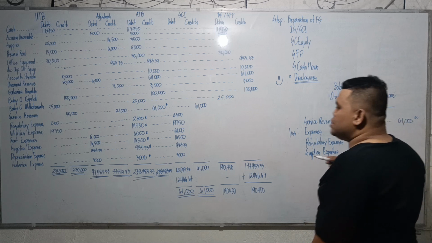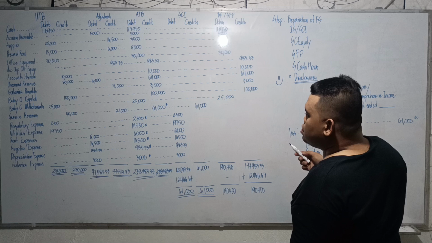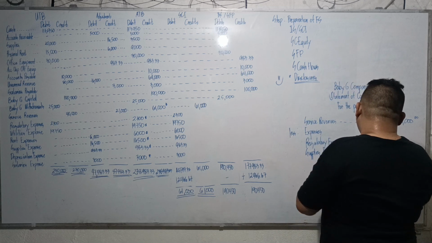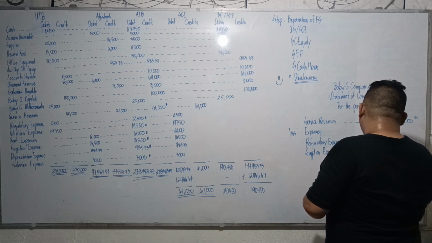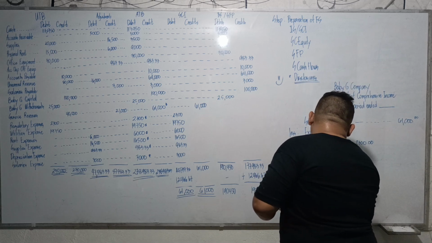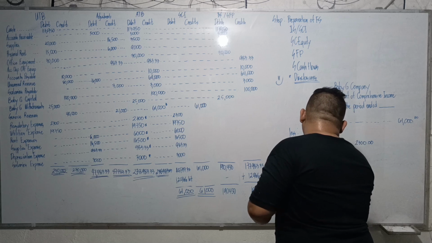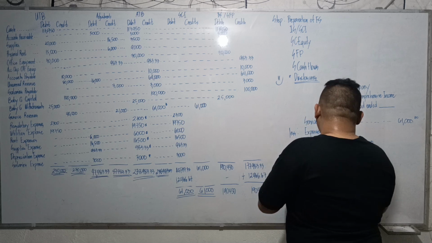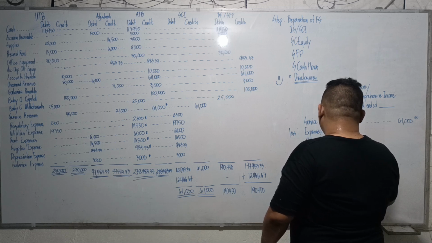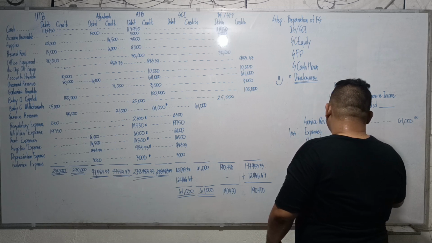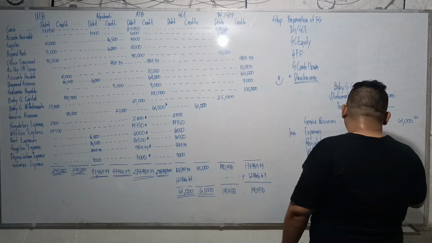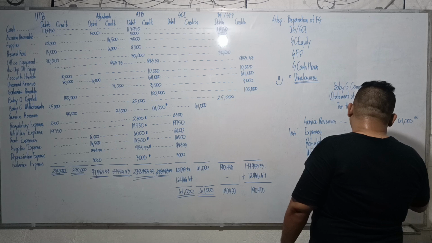I guess the regulatory expense is not that, it's 2,3 only. So let's change it. It's 2,3. And after the 2,3, it's not supplies expense yet. It's utilities expense. Utilities expense is 19,750.